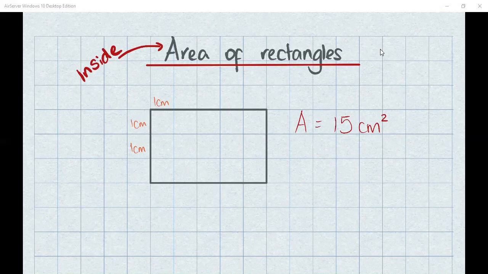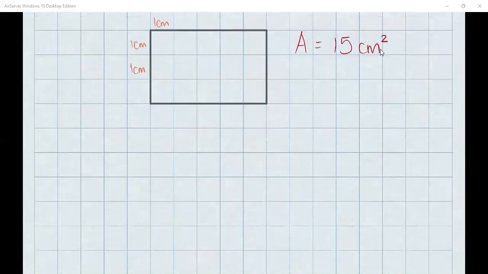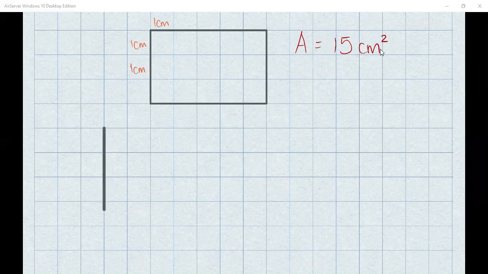Now, if we have a look at another example, so if I look at this rectangle, I need to find the area of this shape. So again, I'm going to count the squares that are inside.